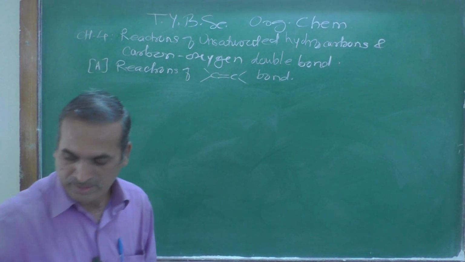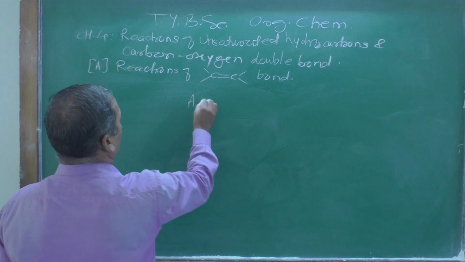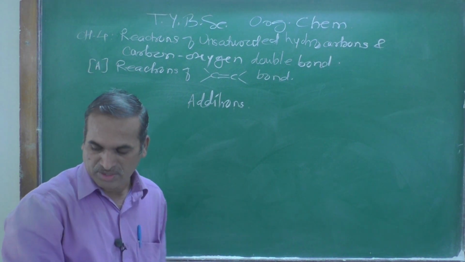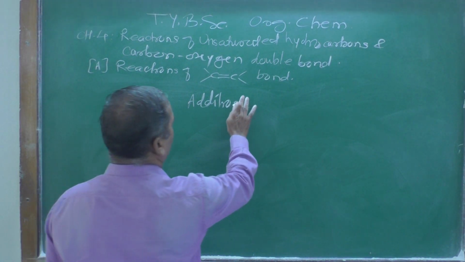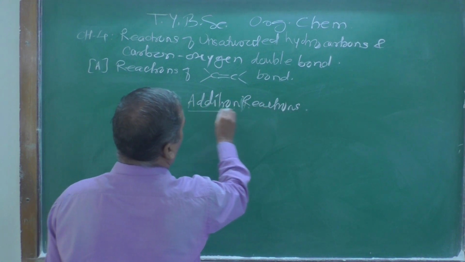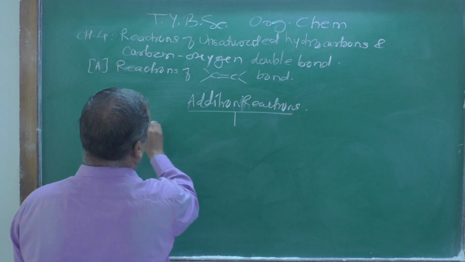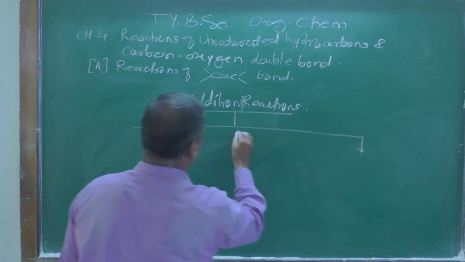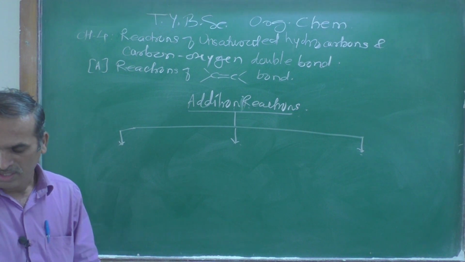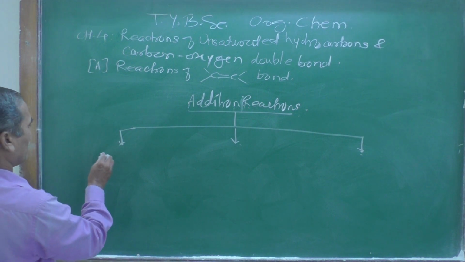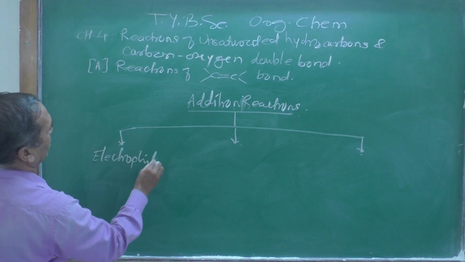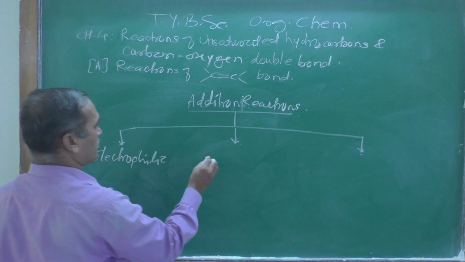Let us see this addition reaction. Addition reactions are further divided into 3 types. Number 1, this one, and number 3, this one. The first one is called the electrophilic addition reaction.